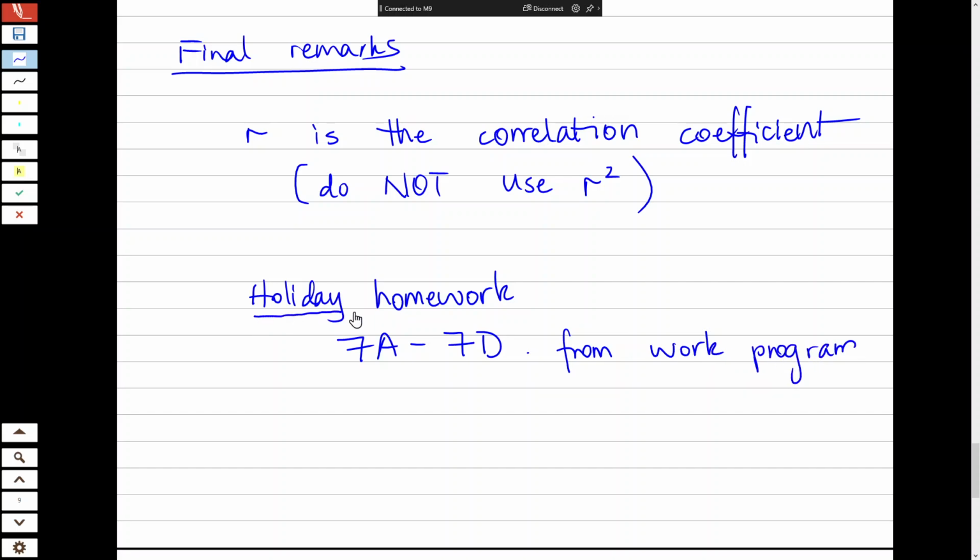So I expect 7D to be done when you come back, and I think I'll quiz you on the first day back. Okay? To make sure that you've looked at it. And I'll check your books as well.